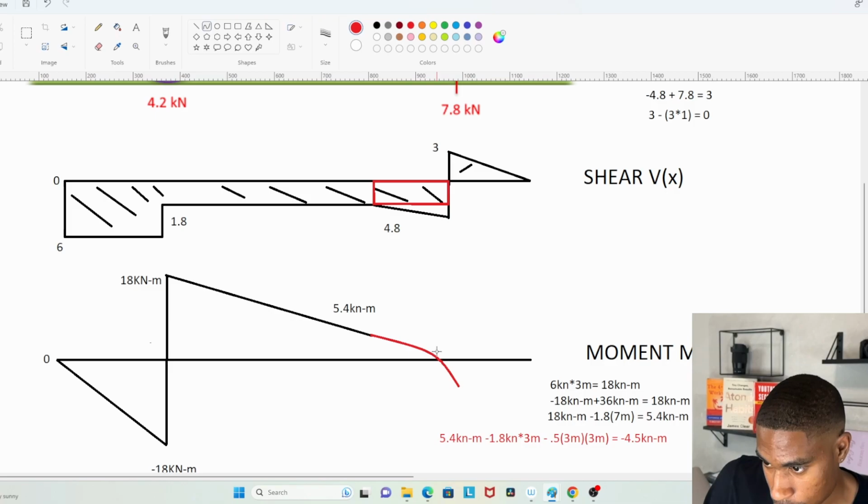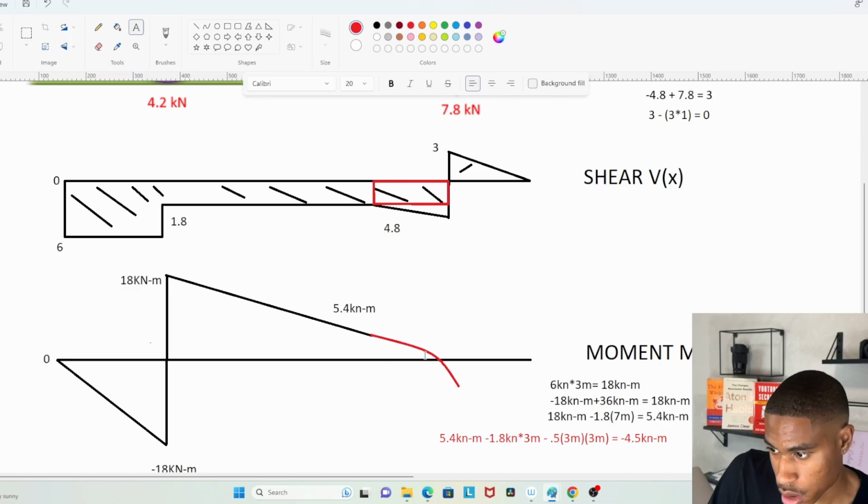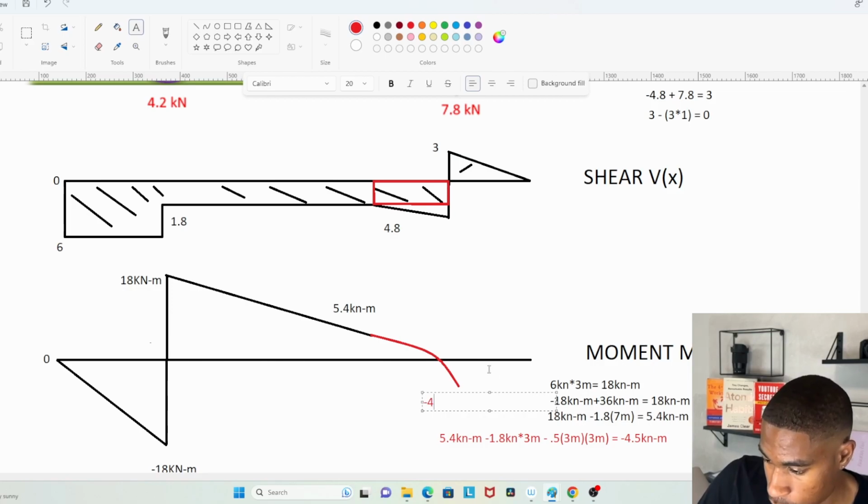So yeah, this is going to be our negative 4.5 kilonewton dash meter.